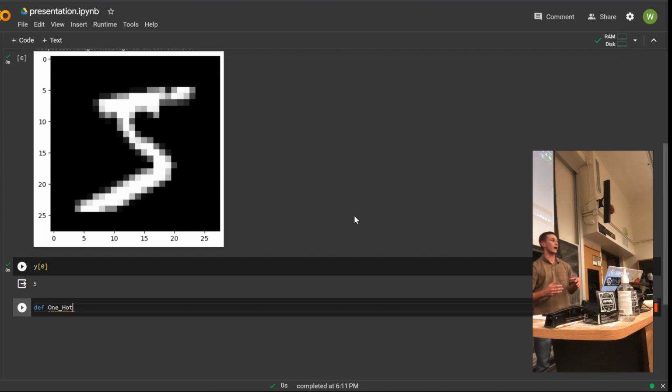Okay, so remember our softmax activation function. When we get our output, it's going to give us that vector Y from Y sub 1 to Y sub I, right? And they're all going to correspond to probabilities of the different digits from 0 to 9. But right now we have our Y stored as integers rather than arrays. So what we're going to do is a technique called one-hot encoding.